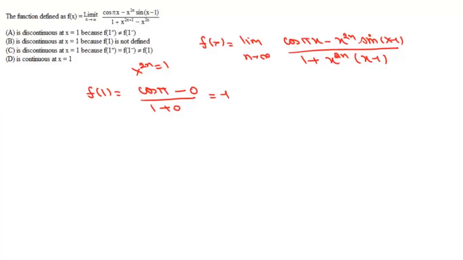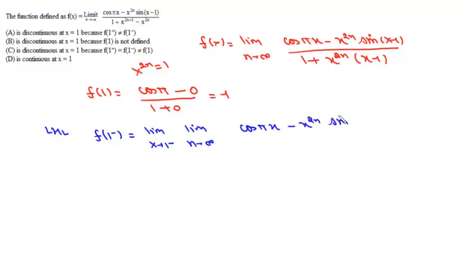Now, if we look at its left hand limit, it will be f(1 negative), which is the limit x tends to 1 negative, limit n tends to infinite, of (cos πx − x^(2n) sin(x − 1)) upon (1 + x^(2n)) into (x − 1).